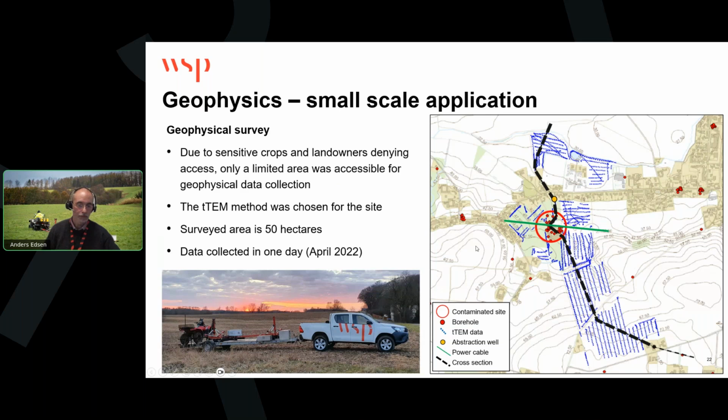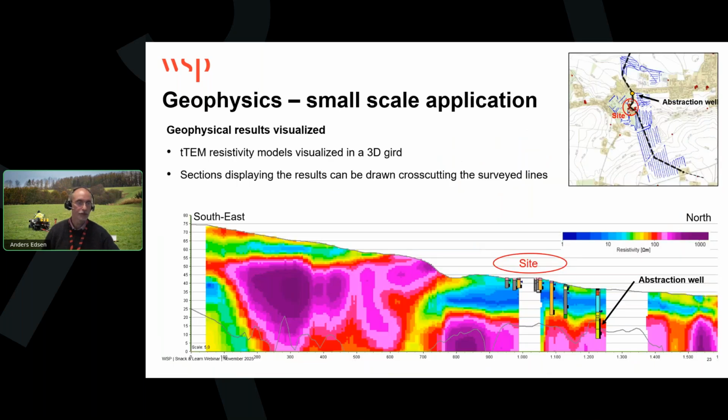On this profile, I have projected the TEM resistivity values. These are imported into a 3D grid, which enables you to cross-cut sections across the actually measured line, and then you can get a good picture of the subsurface geology.